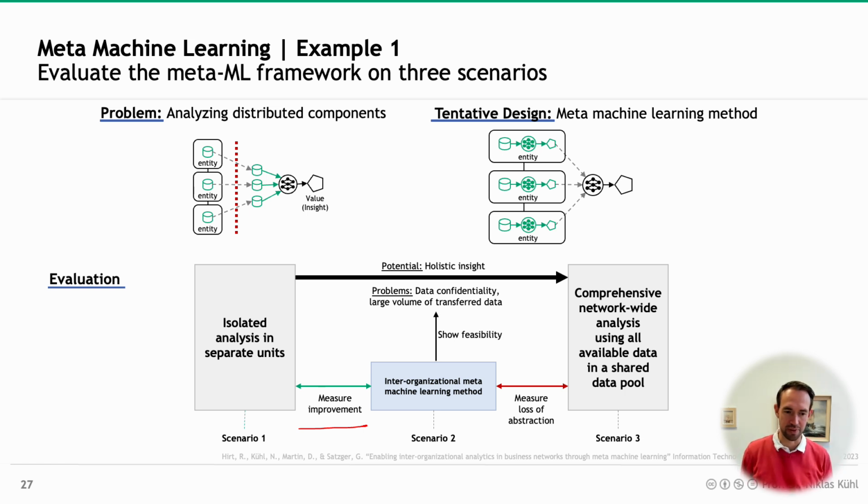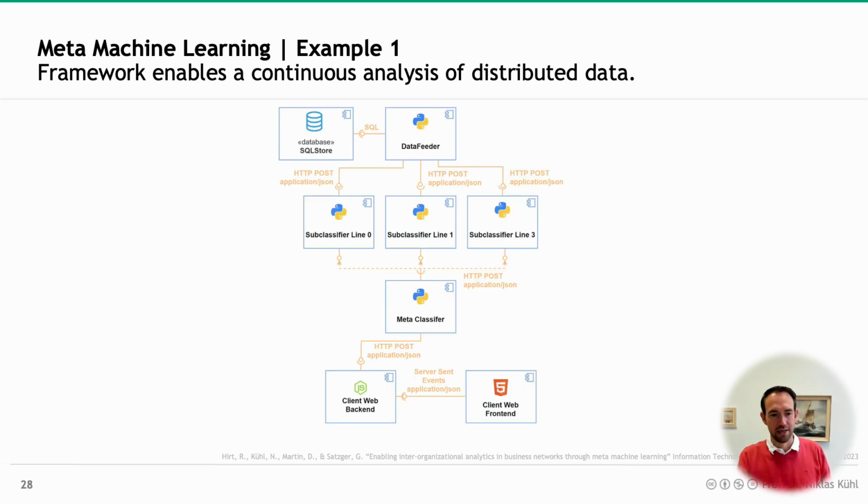I'll give you access to the paper where we describe it in more detail, but I'll go through it quickly now so that you get an idea. If you're interested in how that was built, again, look into the paper. It was built with different subclassifiers, which we implemented as their own microservices and with a very easy web end in the end.